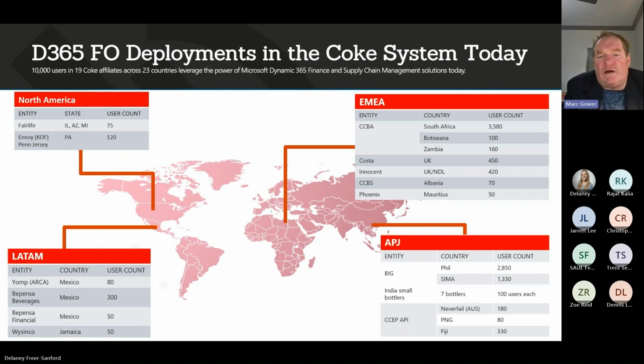So in total, we've now got about 30,000 Dynamics users around the world, which is quite substantial. I think across all enterprises, the large accounts in Microsoft, we've probably got more Dynamics users than anybody else has.